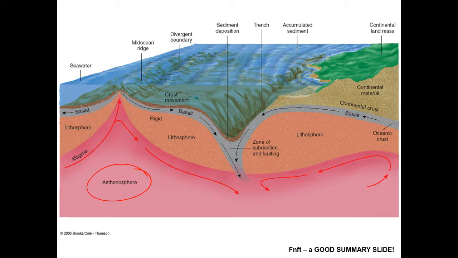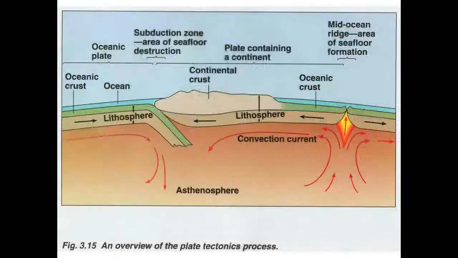Again, follow the arrows. So here you have divergent example. Here you would have a subduction example, right? Next example, same thing. This is showing you 2 opposite sides. Again, divergence versus convergence. In this particular case, you would have an oceanic plate and a continental plate represented.